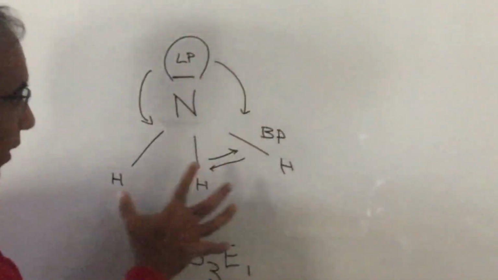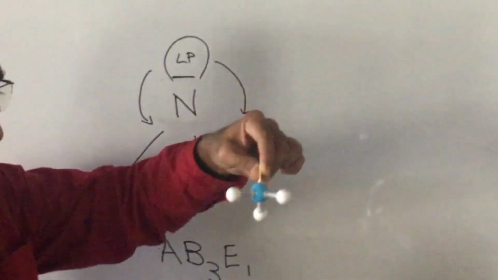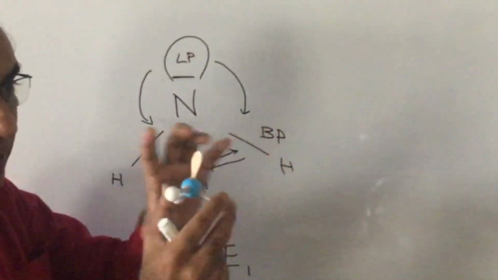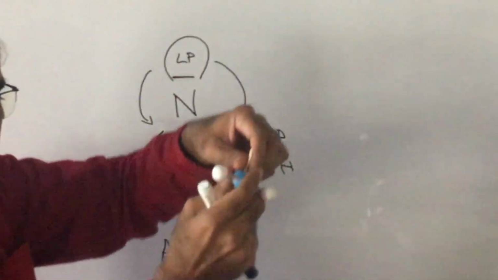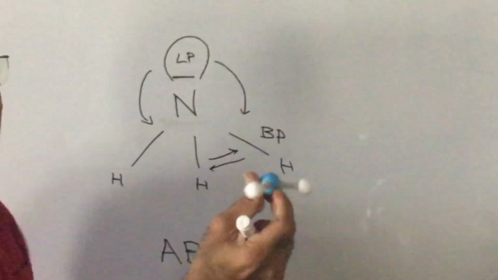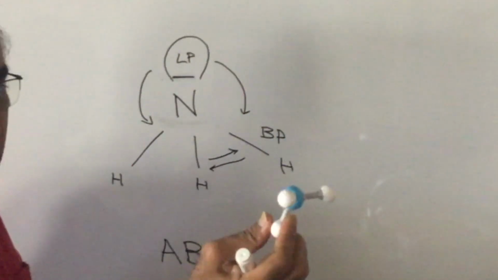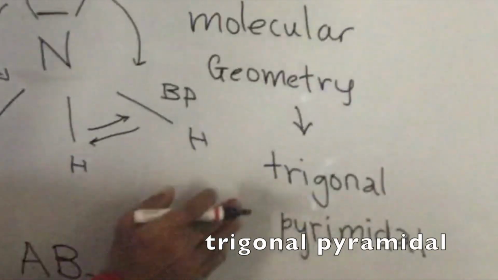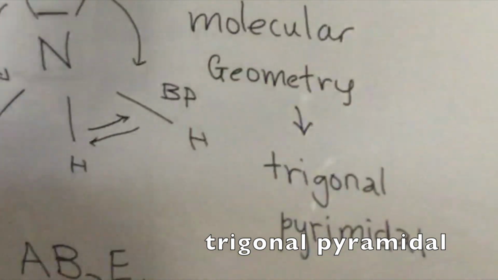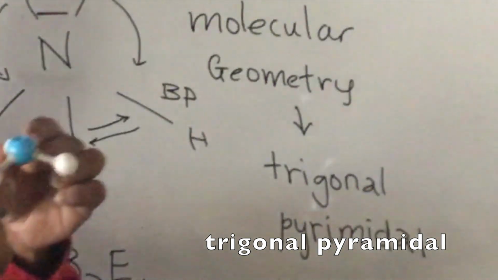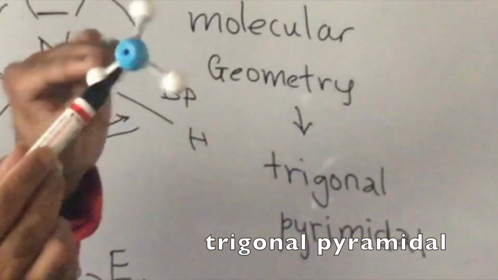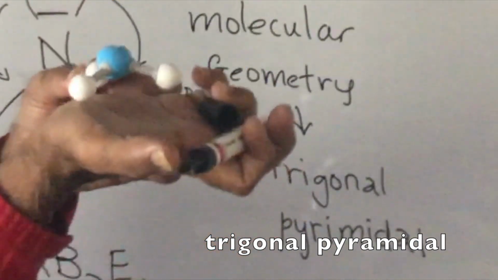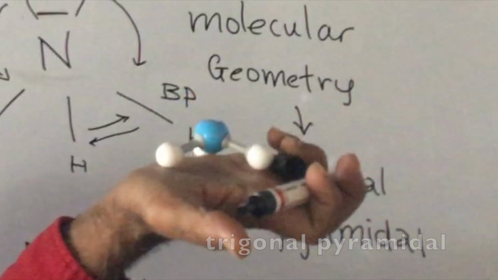And the shape of this actual molecule, not considering its lone pair, the molecular geometry then, not the electron domain geometry, its molecular shape, if we didn't consider its lone pair, that molecular geometry for ammonia is trigonal pyramidal, which is this arrangement right here. Triangular arrangement, but in the form of a pyramid, as you can see here. You can stand on my hand as a pyramid.